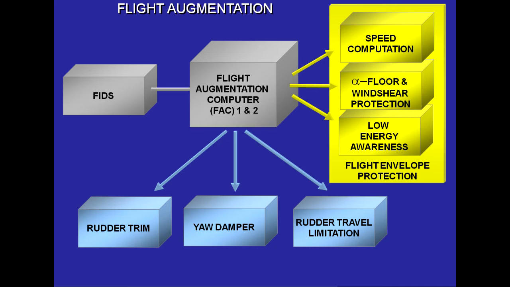For flight envelope protection, the FAC computes the various speeds for aircraft operation, e.g. flaps limit speed, the excessive angle of attack and wind shear detection, the low energy warning, indicating to the crew that the aircraft is quickly decelerating and that thrust will have to be increased to recover a positive flight path angle through pitch control. For the FIDS, only FAC1 is connected and communicates to the CFDS for all other AFS computers.